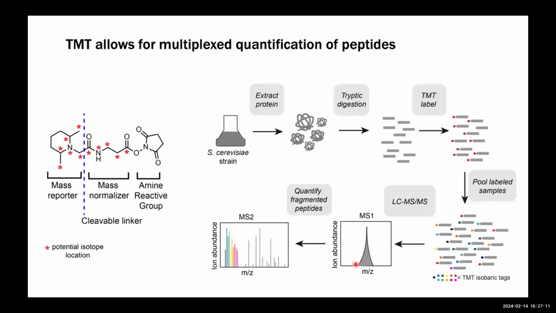And then after fragmentation occurs, the tags will have different masses, and then I can quantify the amount of that peptide in each of the 11 different samples. And so this is important because there can be quite a bit of variation between different mass spec runs. And so by having all of my 11 samples in the same mass spec run, I can improve my quantification accuracy.